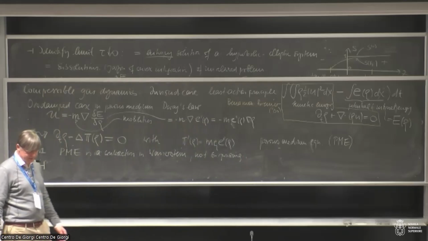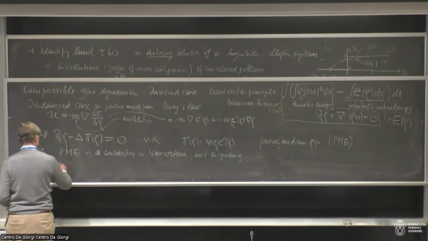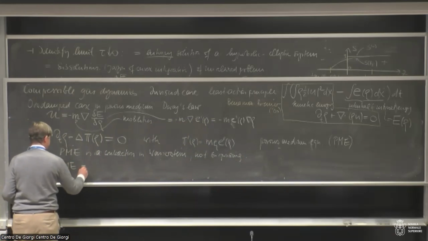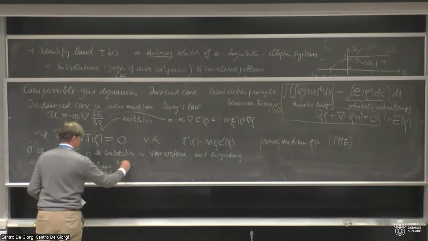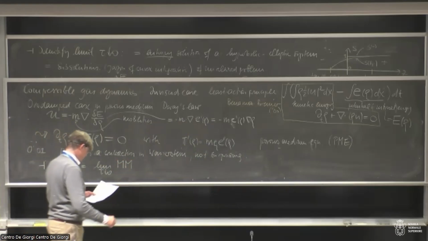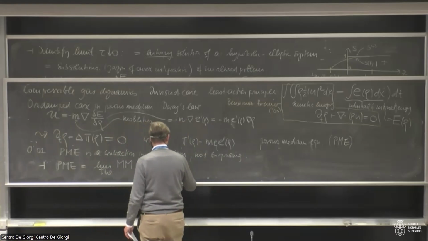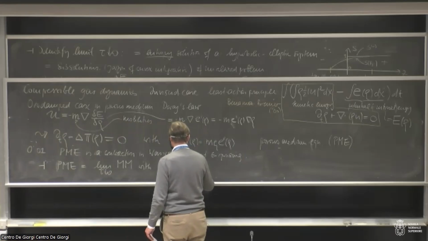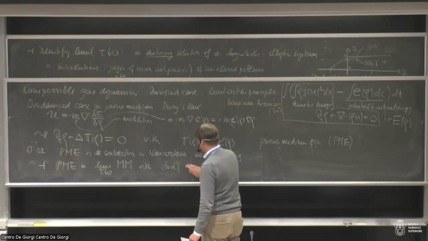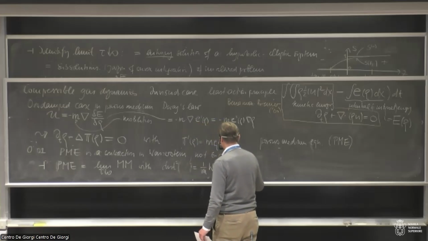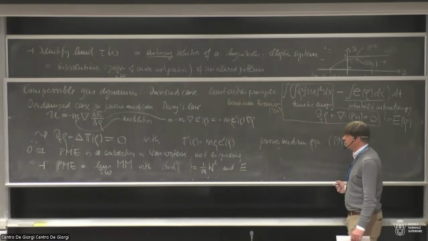The first observation is that the porous medium equation, in fact, is the limit as the time step size goes to 0 of a minimizing movement scheme with squared distance function given by 1 over the mobility times the squared Wasserstein distance, and this energy functional, the internal, the physical energy.